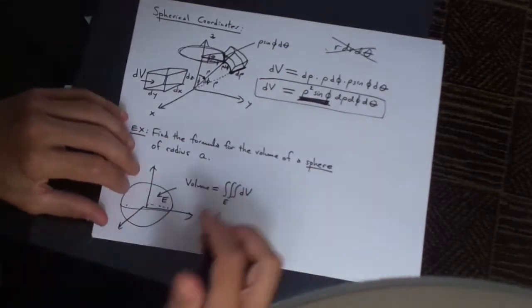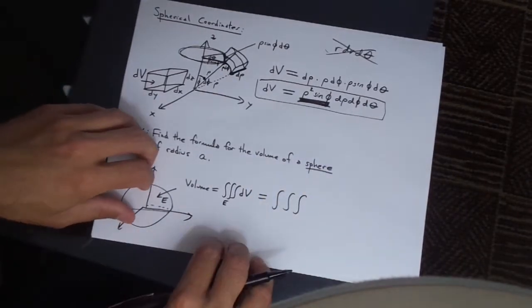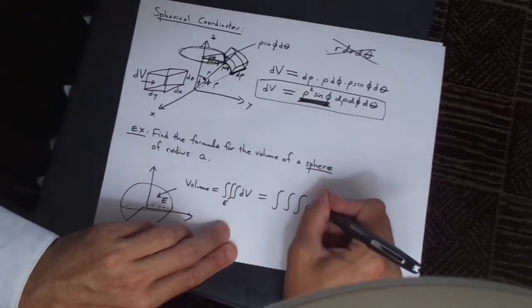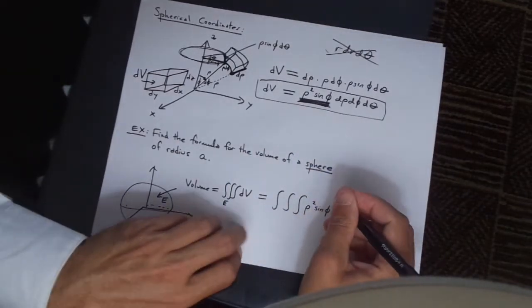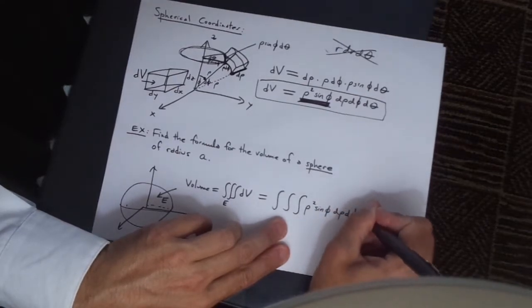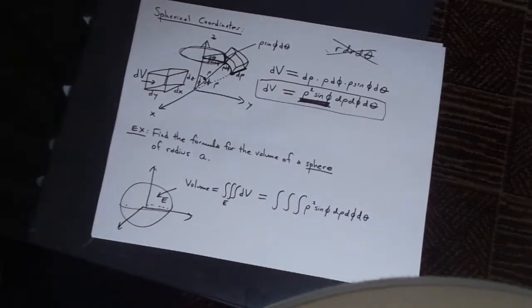Okay? And what I'm going to do is set that up in spherical coordinates. I know that I have to replace dV with rho squared sine phi, and then I'm going to do d rho, d phi, d theta. This is normally the order of integration that is used for spherical coordinates, but it doesn't have to be that.